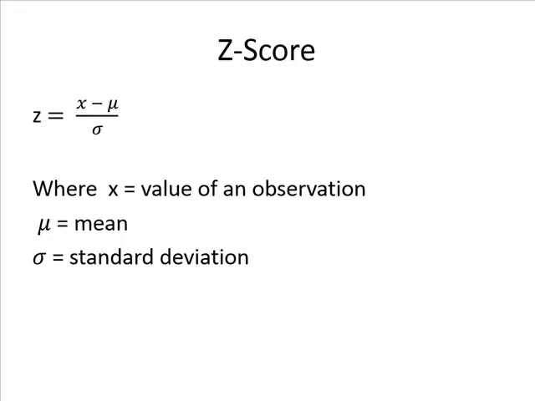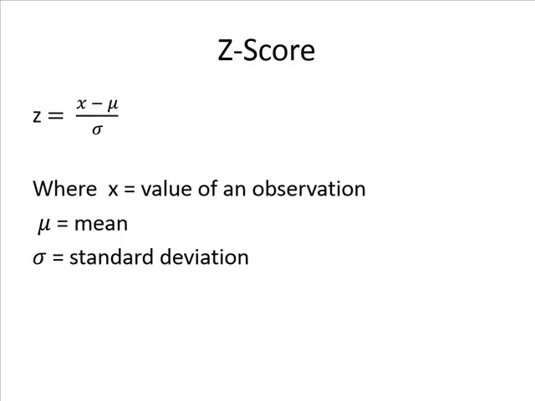Now, because this is a math equation, we can play around with this a little bit. What if we needed to find some of the other values? Because in all the homeworks, I'm going to give you these three things, right? I'm going to give you x, I'm going to give you mu, and I'm going to give you sigma. But what if we needed to work backwards?